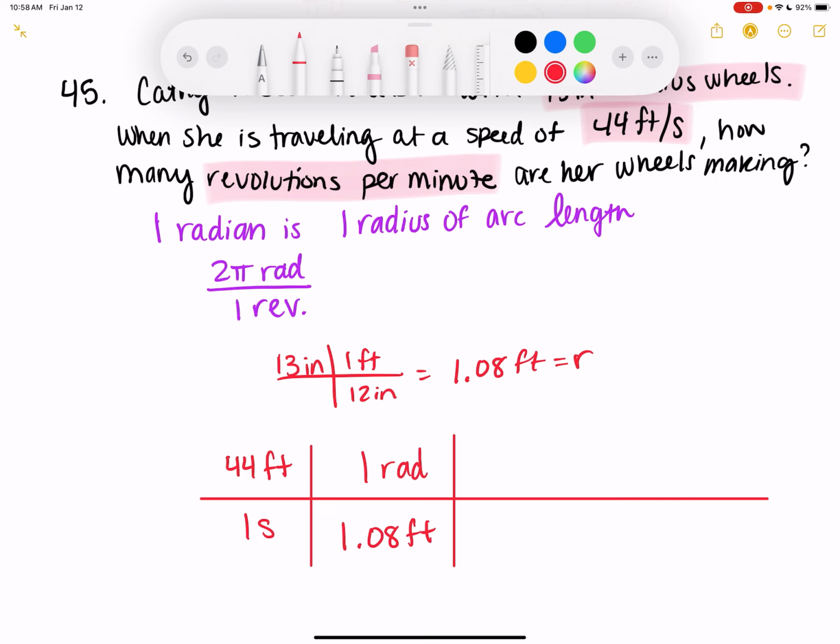But I also told you that 2 pi radians is 1 revolution. So 1 revolution is 2 pi radians. And lastly, I have stuff in seconds, so I need to get that minutes conversion. So since seconds are on the bottom down here, I'm going to put 60 seconds in 1 minute up here.